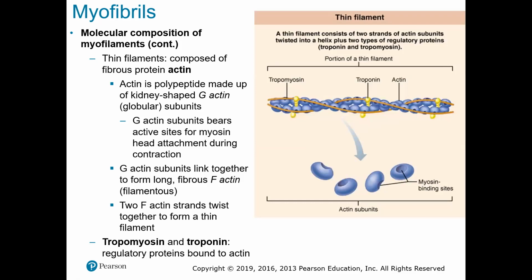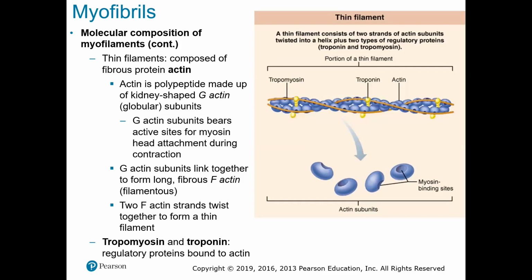Each actin protein has a binding site for myosin. So the myosin binding site is where the myosin head will attach. The myosin has a binding site for the actin on its head, and the actin has a myosin binding site on its subunit. They come together at that spot.